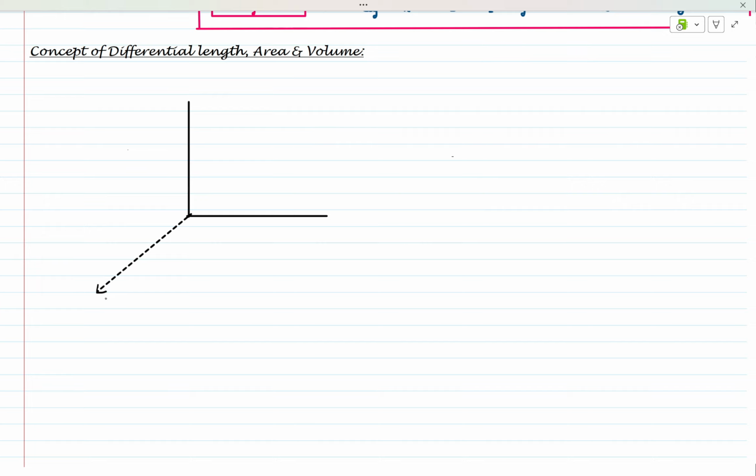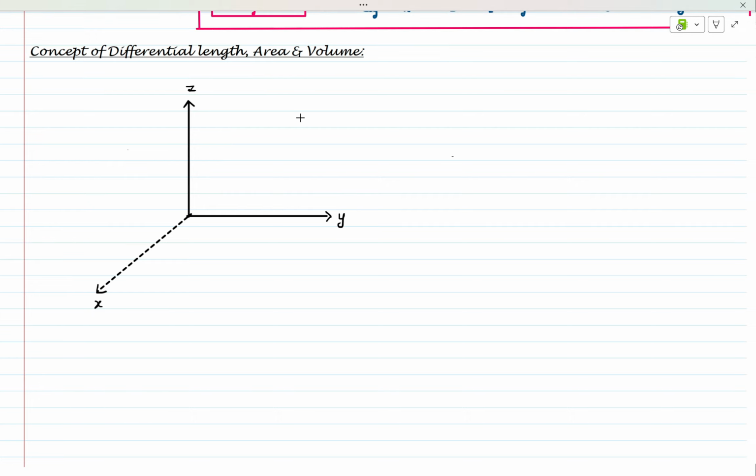So let us say this is X, this is Y, and this is Z. And inside the Cartesian coordinate system, as in my last video, I drew a block, right?